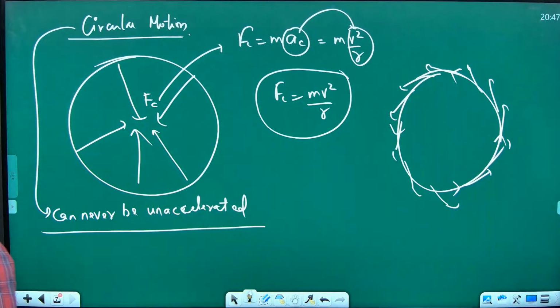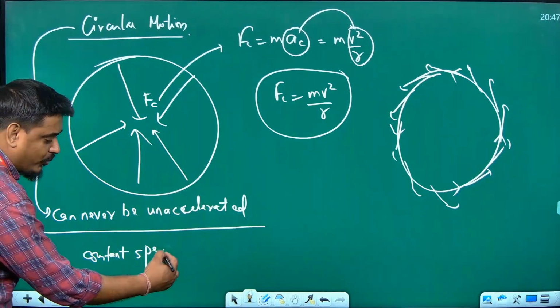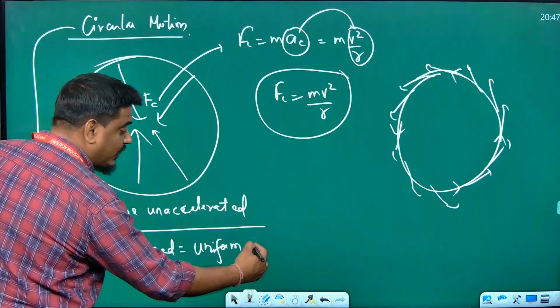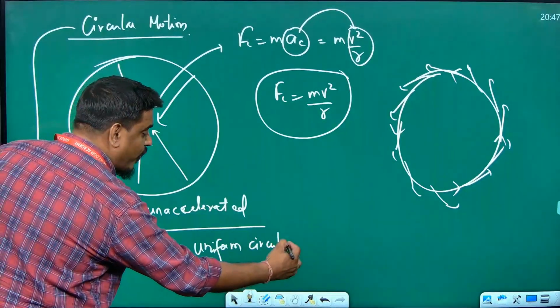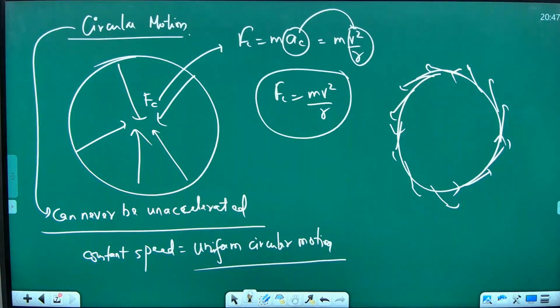Are you getting my point? If you are maintaining the speed as constant, then the motion is called uniform circular motion. But don't confuse, when I said uniform motion, I said a is 0. In uniform circular motion, a will not be 0.